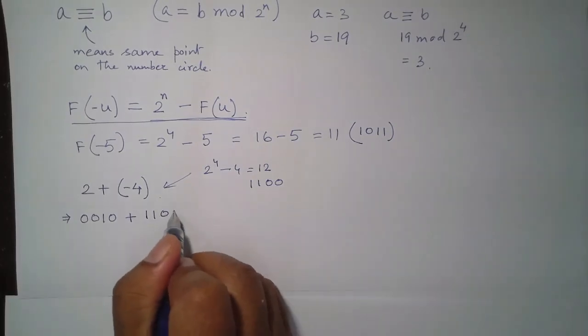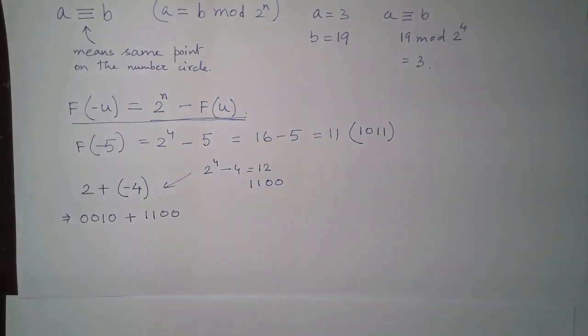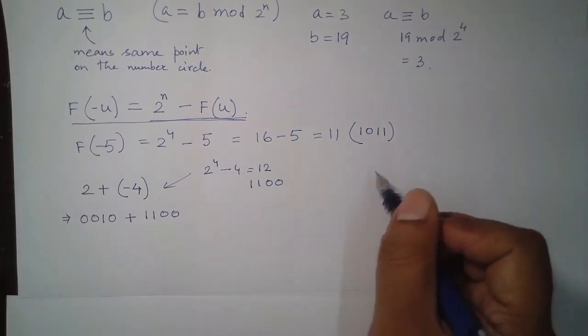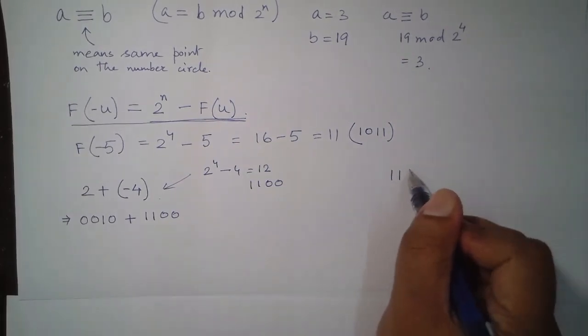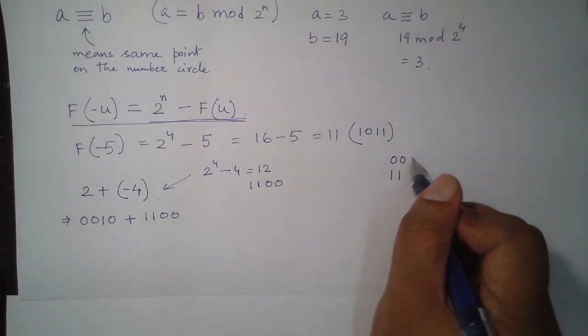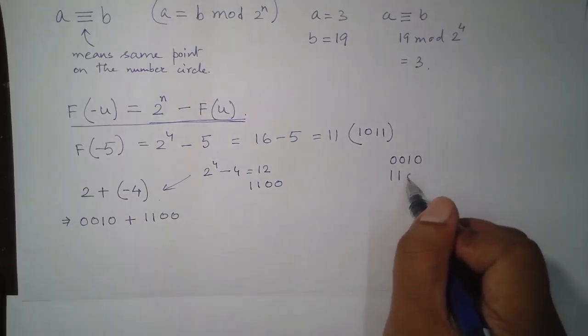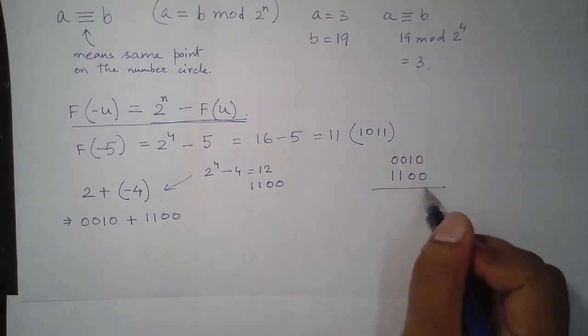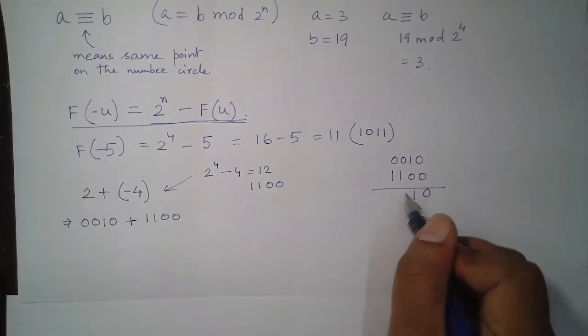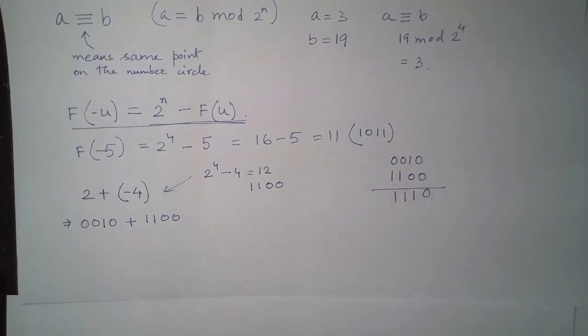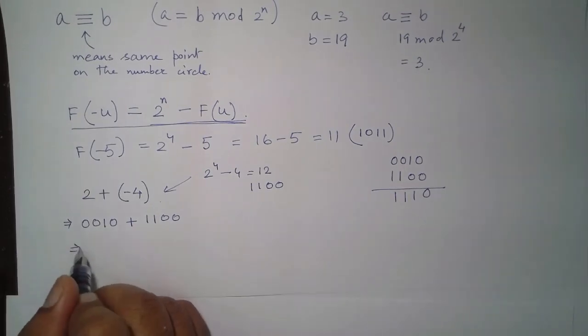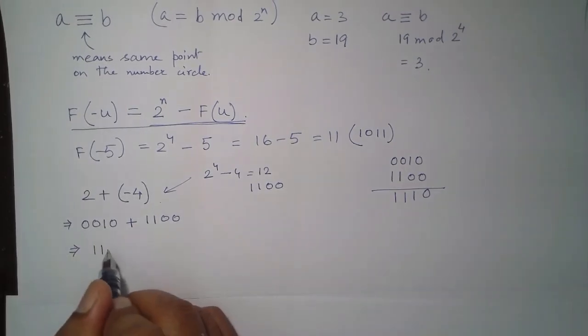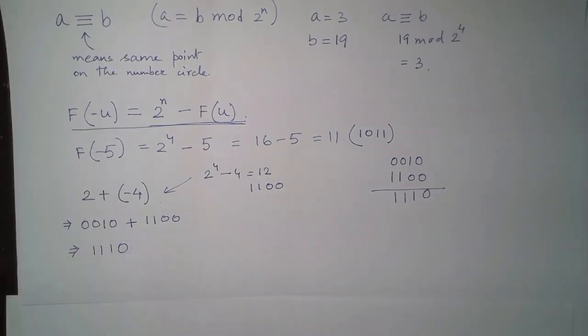Now we need to add these two numbers, 0010 and 1100. If I add them, we get the answer as 1110. Now what is this number?